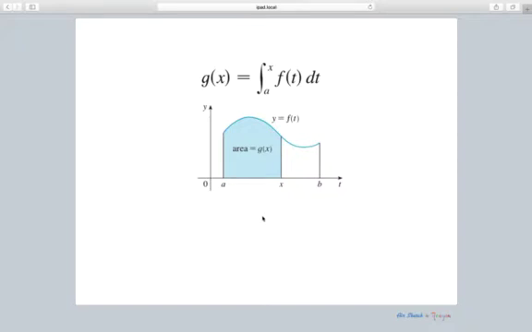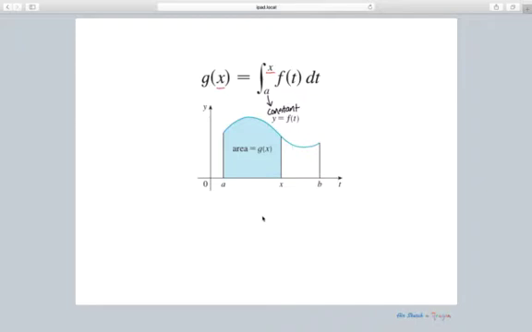So we call a function that looks like this an accumulation function. The thing I want you to note about this is g is a function of x. Our variable x is actually the upper limit of this integral, where the lower limit represents some constant. The way we've been thinking about integrals is as areas under a curve, right?